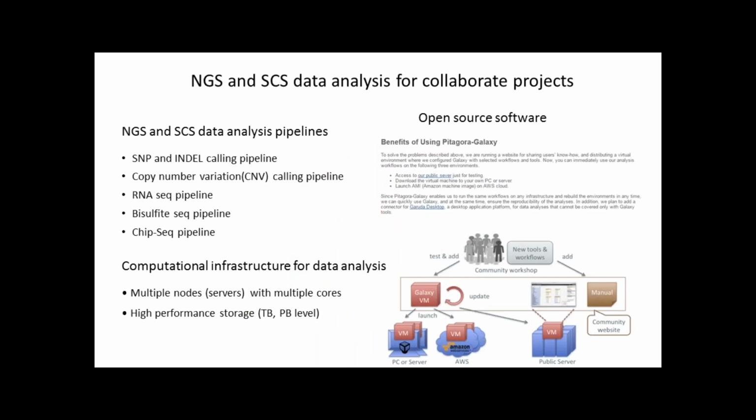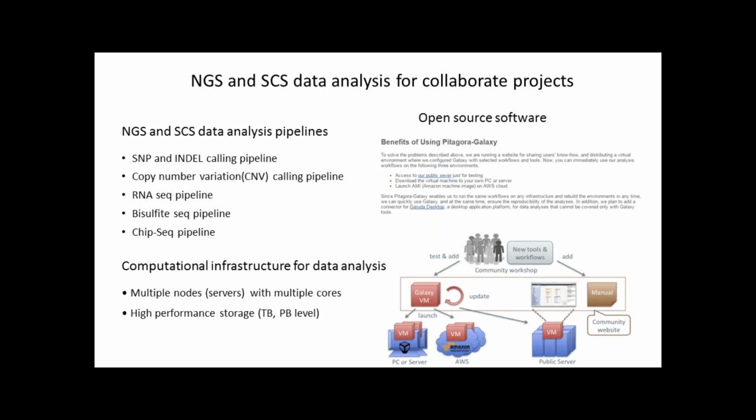For next generation sequence data analysis and single cell sequence data analysis, we have in-house pipelines, including SNP and indel calling pipeline, copy number variation calling pipeline, and RNA-seq, bisulfite-seq, and ChIP-seq pipelines. Also, we have the computational infrastructure for data analysis.